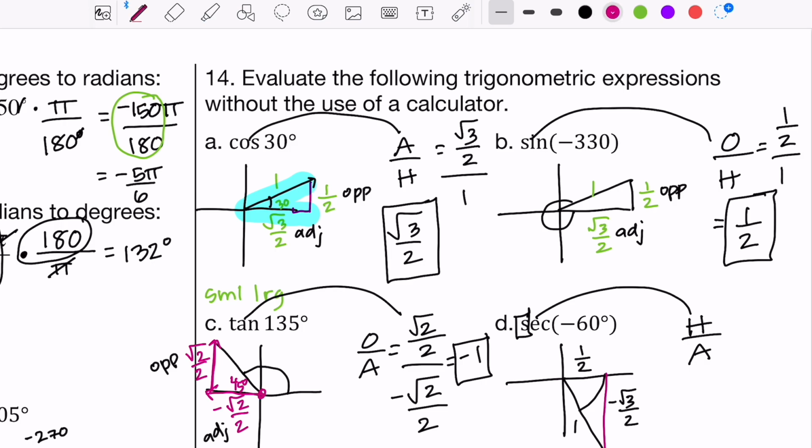This is going to be the adjacent and then opposite. So the hypotenuse is 1 and the adjacent side is 1/2. So I keep change flip, which makes that 2.